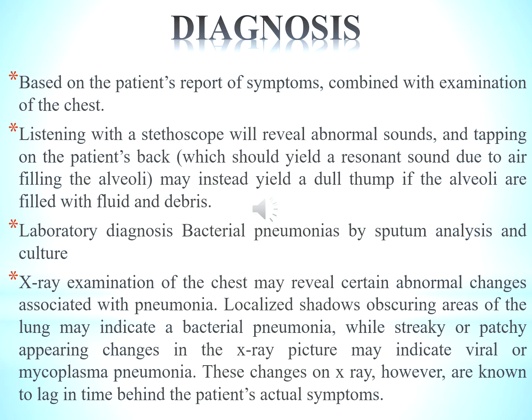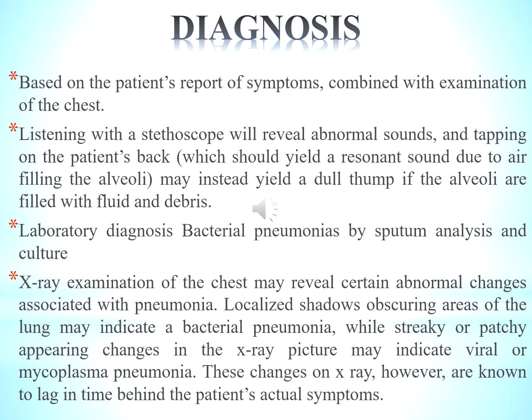Coming to the diagnosis of pneumonia, it is based on the patient's report of symptoms combined with the examination of the chest, that is the physical examination. Listening with the stethoscope will reveal abnormal sounds, and tapping of the patient's back may sound dull instead of hollow if the alveoli are filled with fluid or debris. Then laboratory diagnosis should be done, that is bacterial pneumonias by sputum analysis and culture.